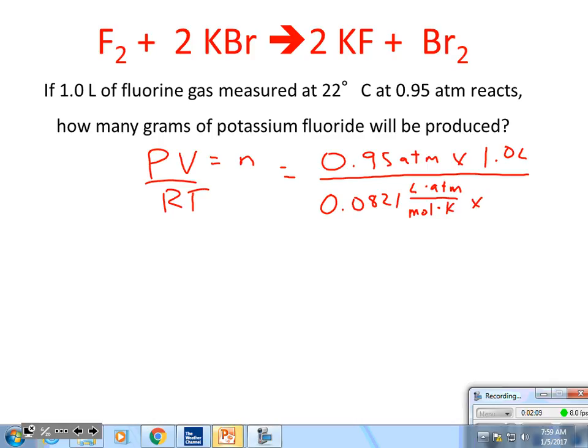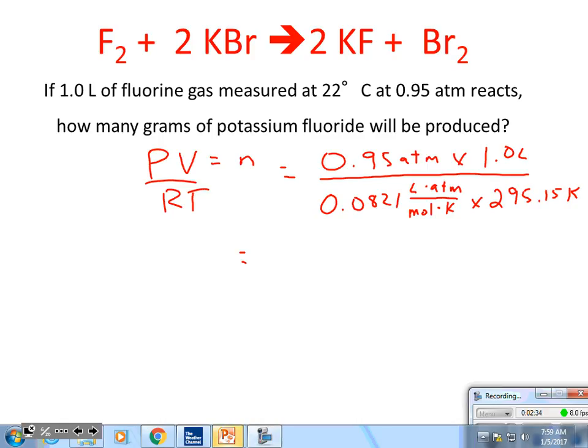And finally, my temperature. I need to convert my temperature into Kelvin once again. So I add 273.15. So that's what? 295.15? Sound right? 295.15 Kelvin. I do my math now.